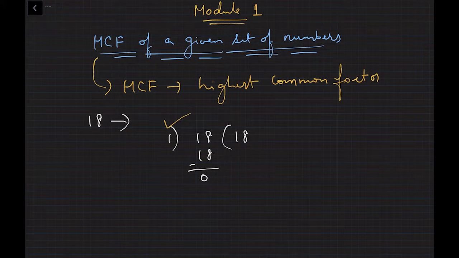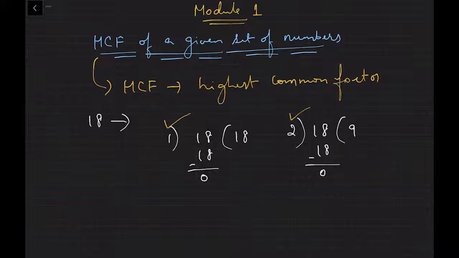Let's check if 2 is a factor of 18. For 2 to be a factor of 18, 2 should divide 18 completely without leaving any remainder. So 2 is the divisor, 18 is the dividend. 2 nines are 18. So again we get remainder as 0. Therefore 2 is also a factor of 18.